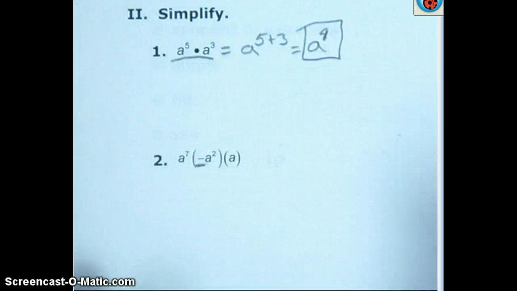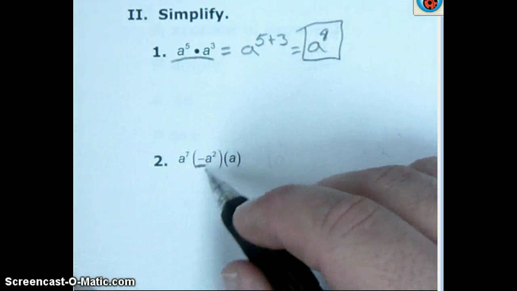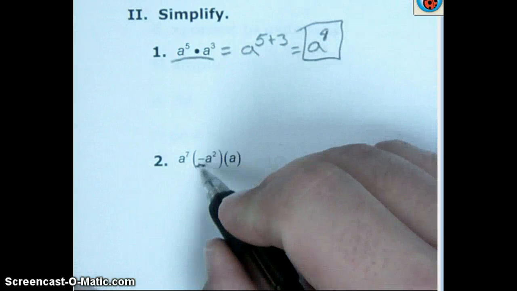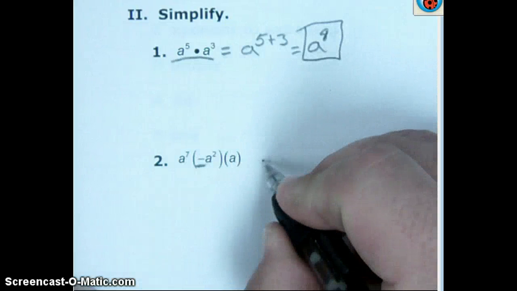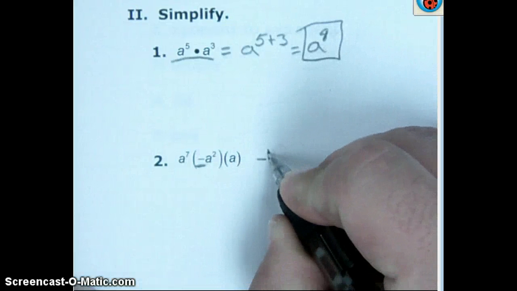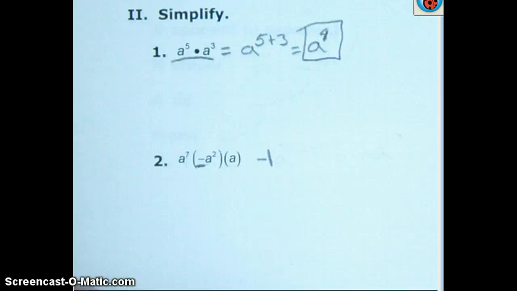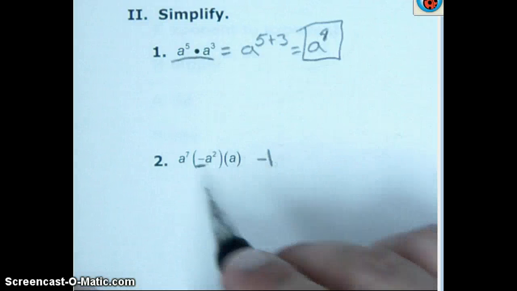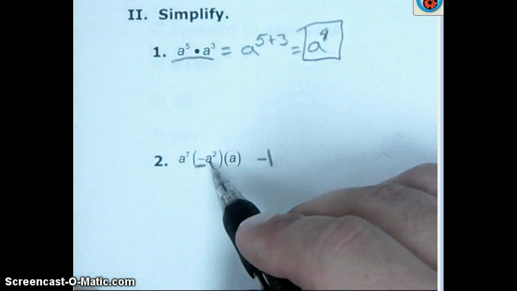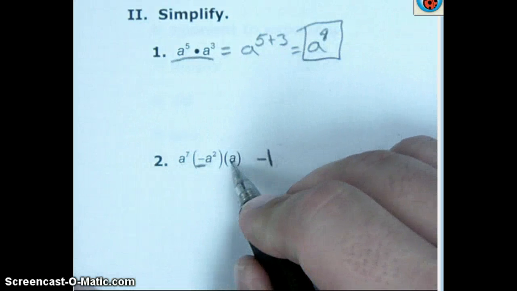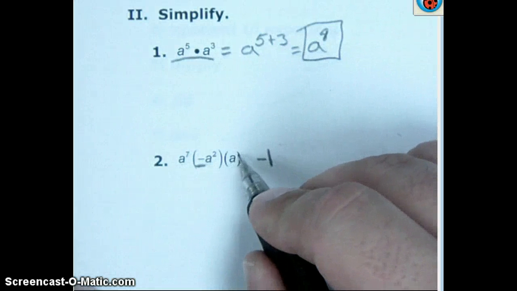So what we're going to do is say that this negative sign, this -1 right here, is going to be separate from everything. So we're going to lead off with that. That's a -1. Then I have a to the 7th times a to the 2 times a to the... Does this guy have an exponent?